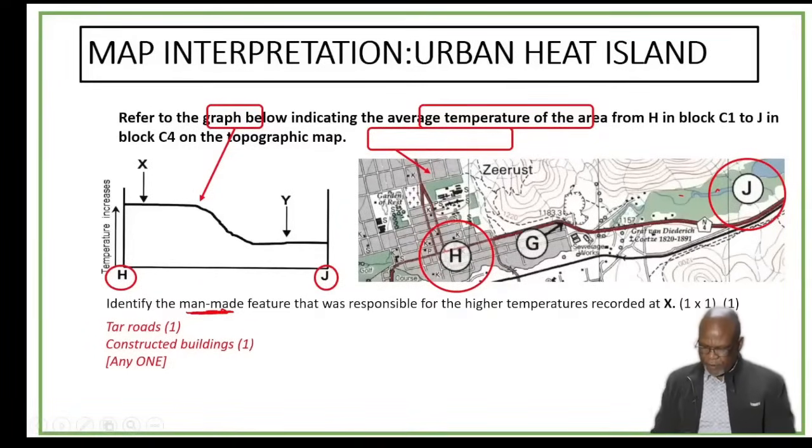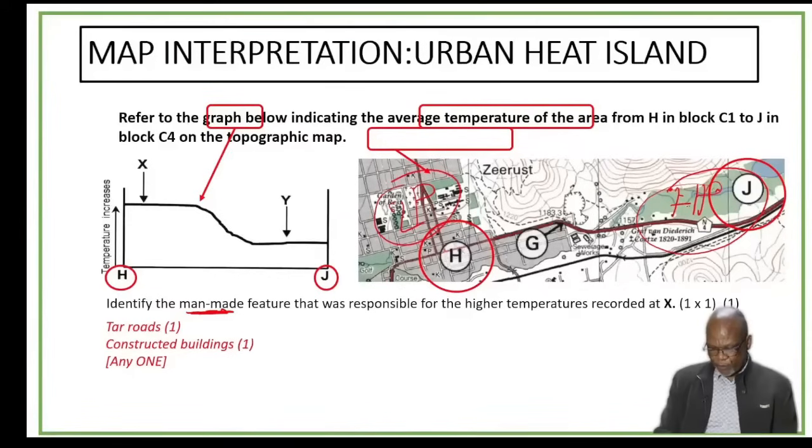And then because of that, this one will be cooler, and then a pressure gradient will be created. So this will be high pressure and this will be low pressure, like in our previous slides. So air will be moving from rural areas to urban areas.